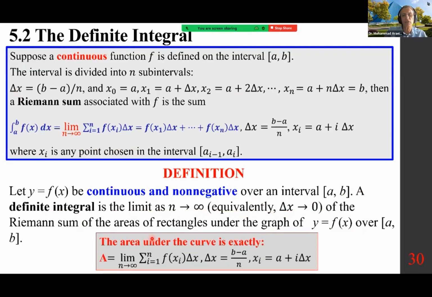And so the area under the curve, if the function is continuous and non-negative, is the limit of this Riemann sum. That's a Riemann sum, and if it's continuous and non-negative, it represents the area under the curve.